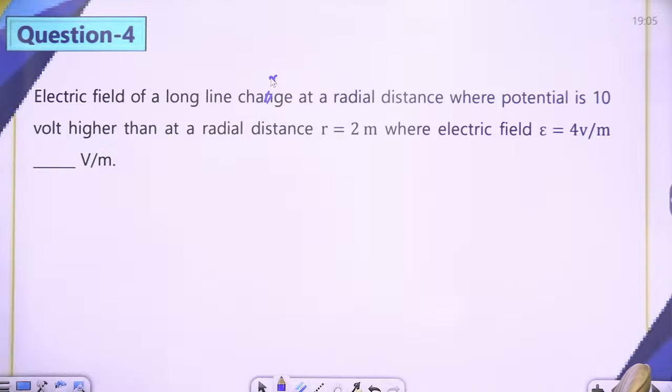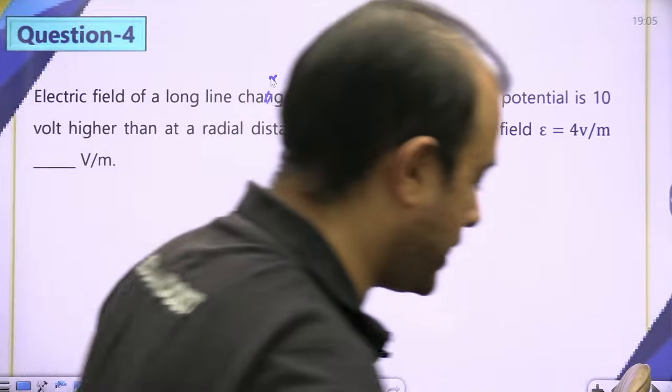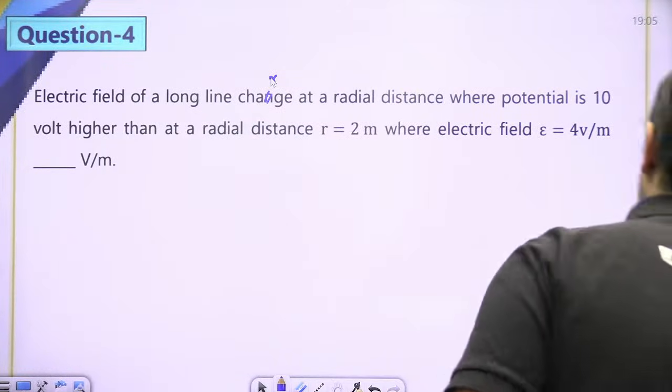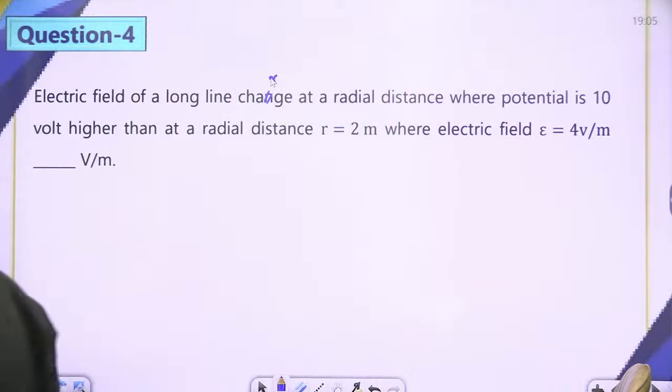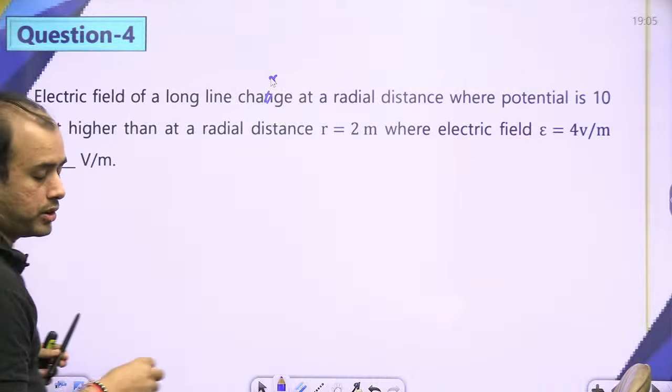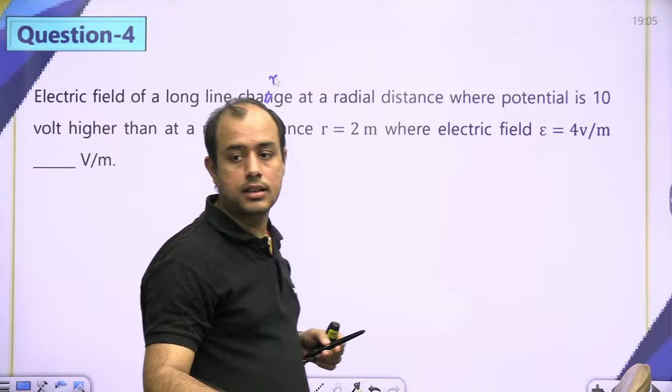I want the electric field at a point where potential is 10 volt higher than the potential at 2 meter where electric field is 4. करिए इसको ट्राई भाई.